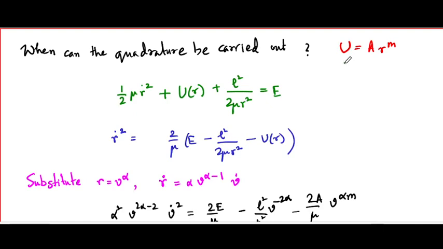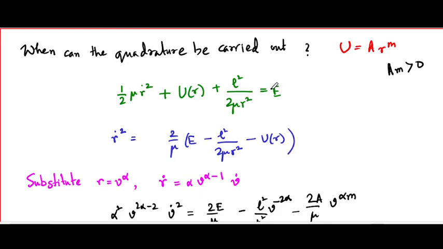Let's take a look at a potential which is given by U equals some constant A times r to the power m. A power law potential, as we had claimed to be what we would consider. One important point is that the product Am should be positive in order that this be an attractive potential.